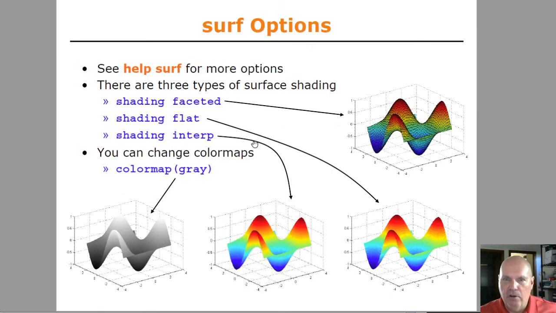You can again do help surf to see all the different options that are available. You can get rid of the grid lines and show this with different color maps. Different shadings are all possible.